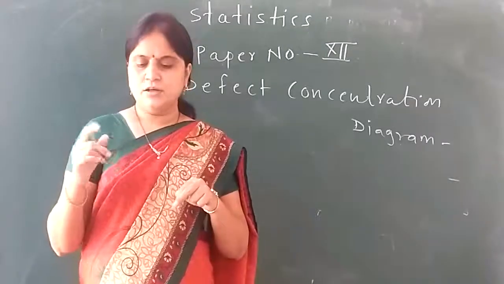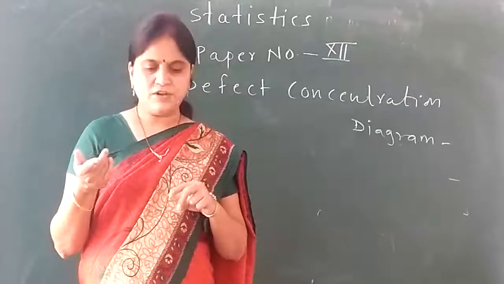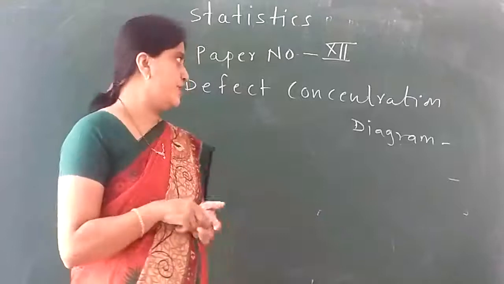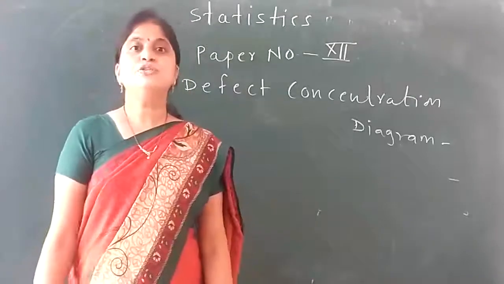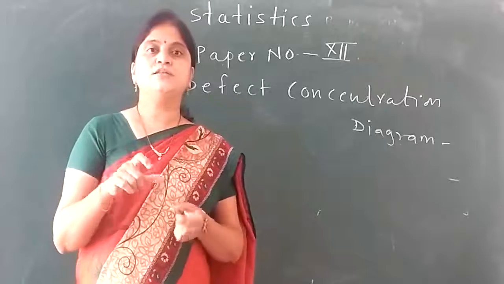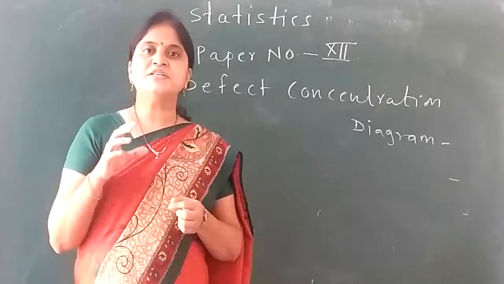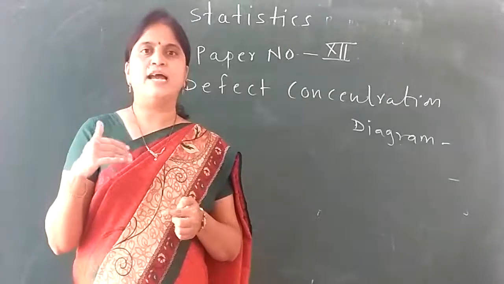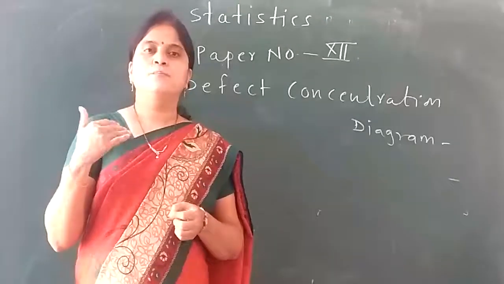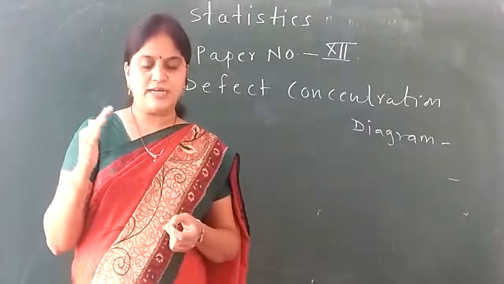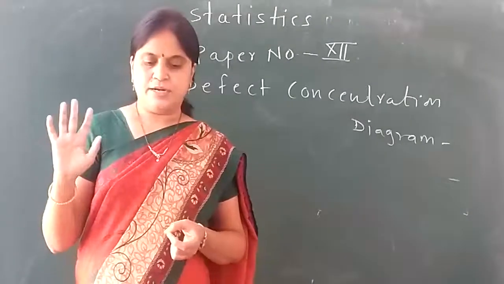That is the check sheet. Next is the defect concentration diagram. It means we can find for which defect the concentration is higher, and because of that the quality of my particular product will be lost. That is the defect concentration diagram.